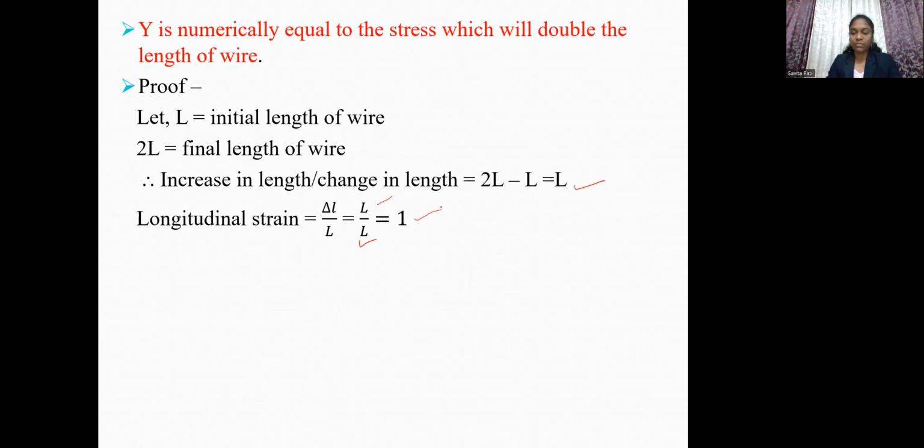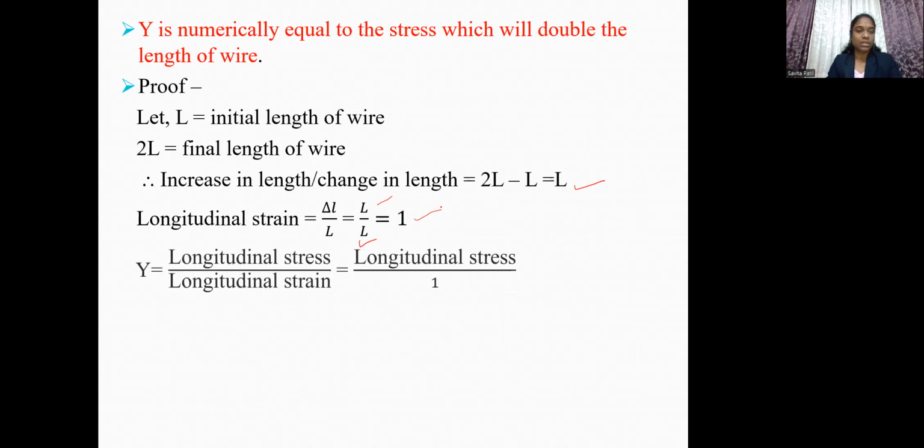Now, we know the equation for Young's modulus. It is Y is equal to longitudinal stress upon longitudinal strain. In this equation, substituting longitudinal strain is equal to 1, we finally get the equation Y is equal to longitudinal stress.